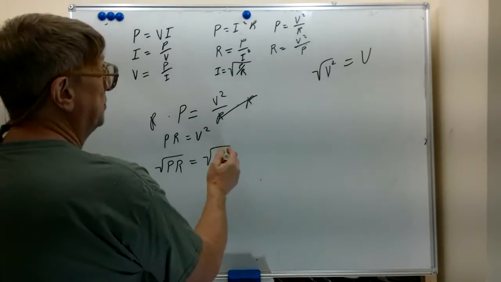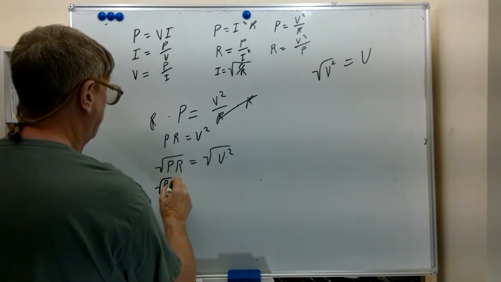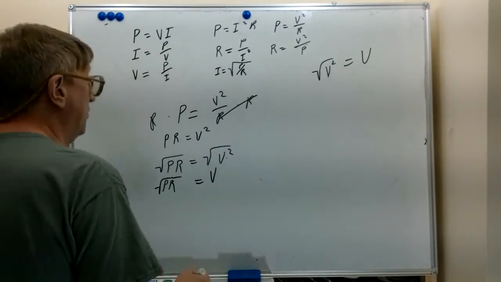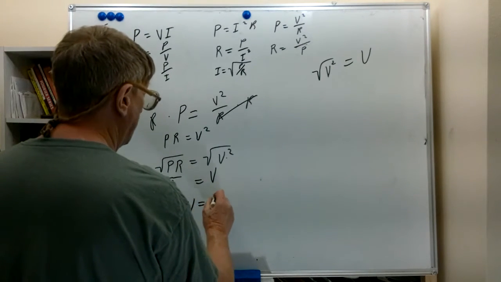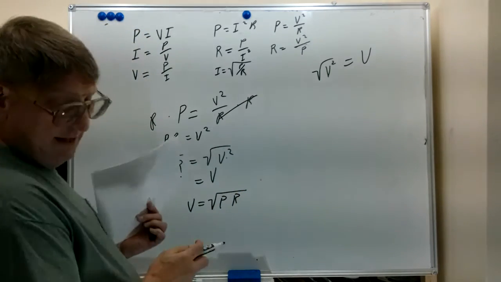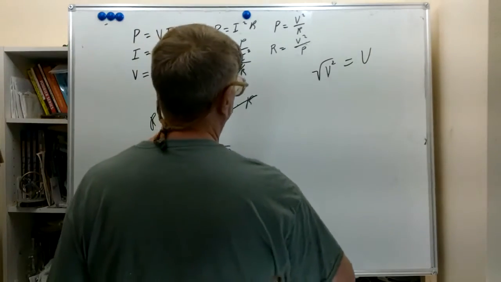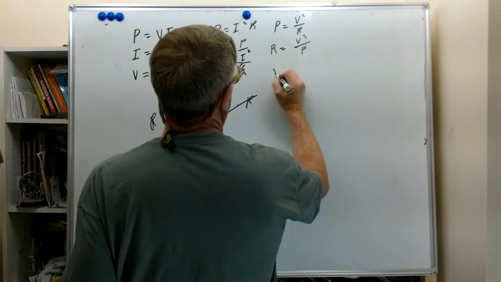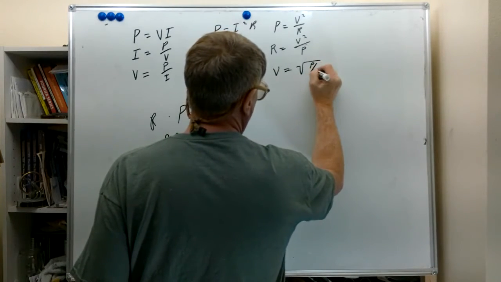And now we're going to replace this with V, square root of power times resistance is equal to V. I'm going to change the order because that was our goal to solve for V. Say V is equal to the square root of the power times the resistance. And now we're going to put that up here.